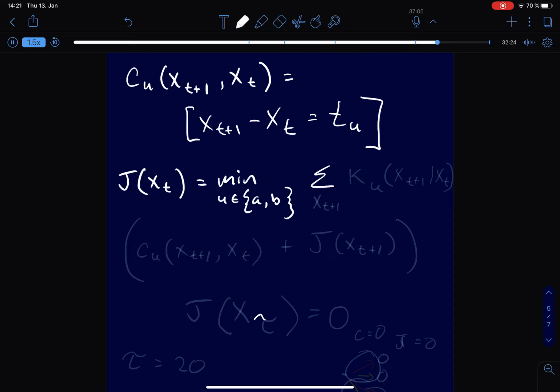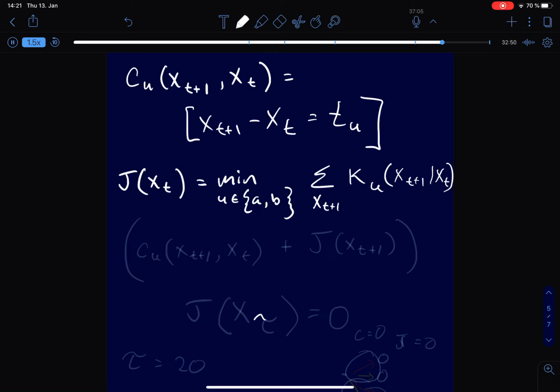So if we take a particular action, then our cost is expected to change by the cost we see.